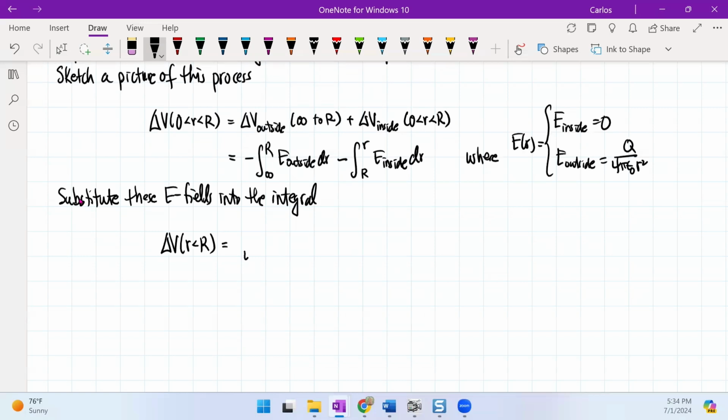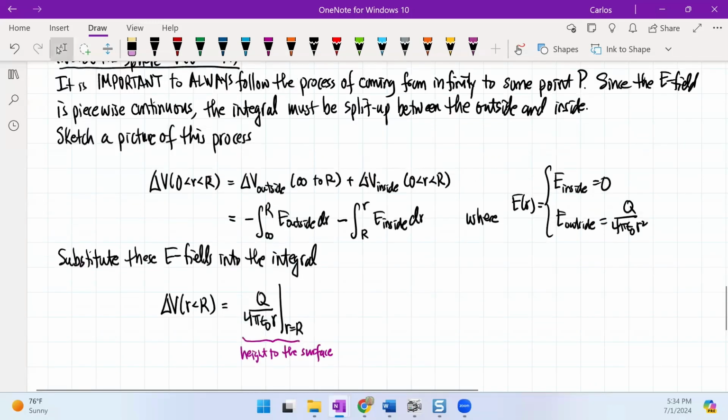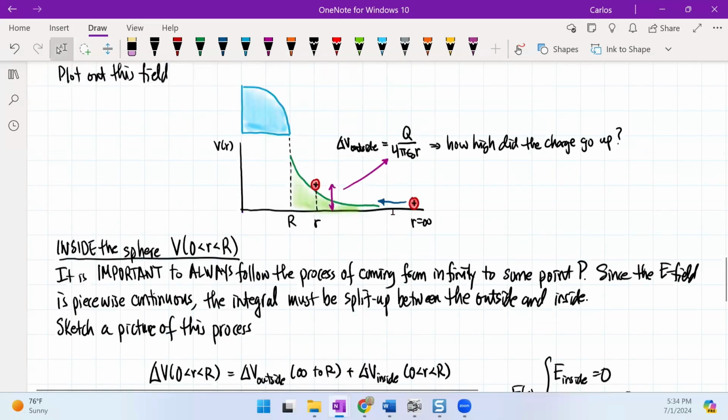So this should be Q over 4 pi epsilon R, where now we're at the surface, right? If you go back up here, you could see that this is the point that I'm talking about, right here.